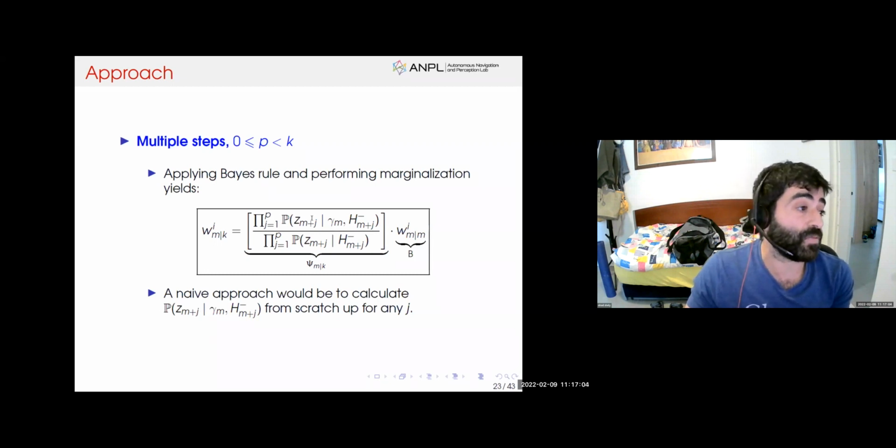Now, in the naive form, if one would like to calculate each one of these arguments, one needs to do this calculation for each argument from scratch. We show in our approach a more adaptive approach, which can reuse previous argument calculations, which we'll now show.